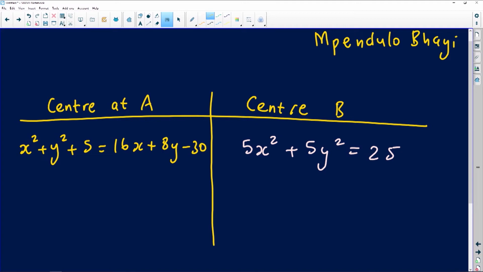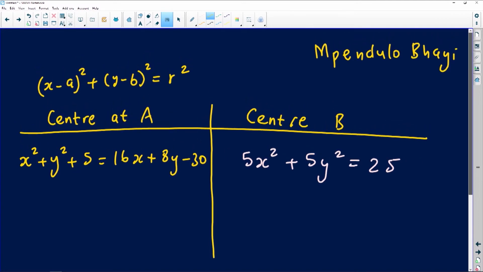The standard form is the format x minus something squared plus y minus something else squared equals to r squared, right? Why am I saying this? Well, the idea around the whole concept of proving whether two circles touch each other or not lies in working out the distance between their centers.